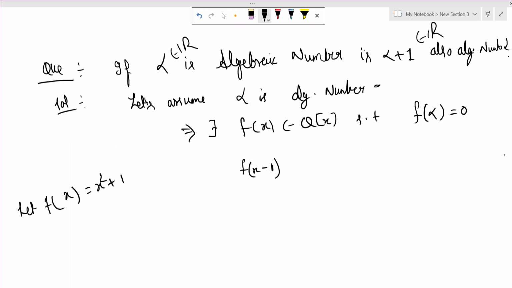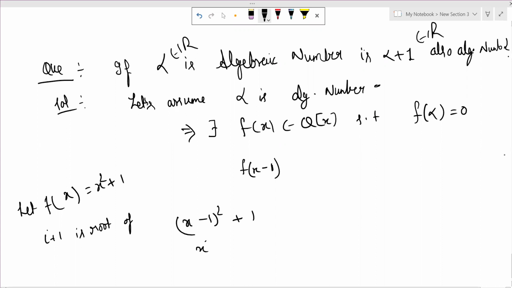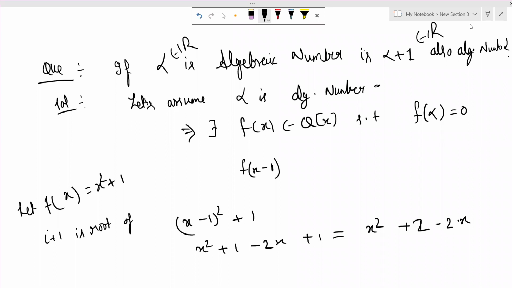Then you are saying iota plus 1 is a root of (x minus 1) whole square plus 1, which is x square plus 1 minus 2x plus 1, which is x square plus 2 minus 2x. Yes, it is correct. Okay, so this is also a good idea.